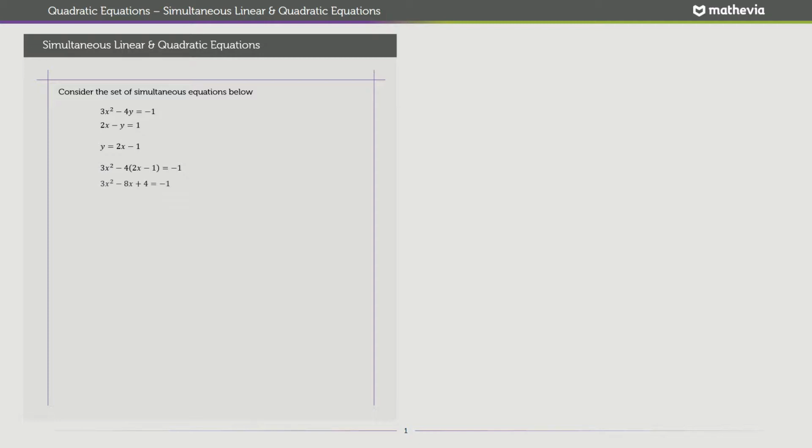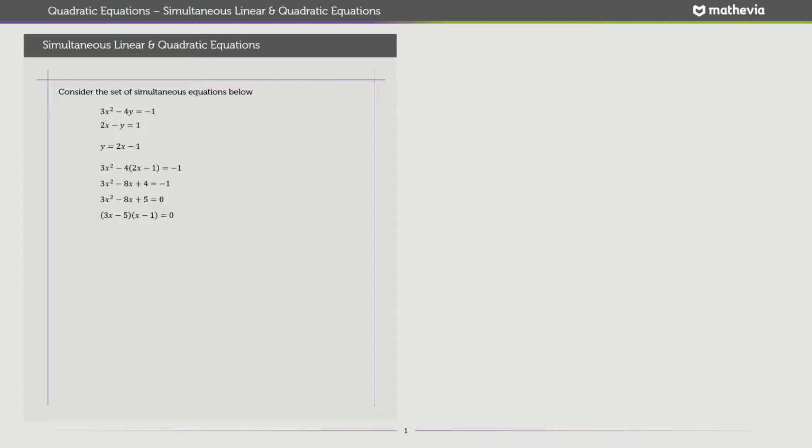From this point on, you just expand and simplify, and you should end up with a straightforward, standard quadratic equation with just one variable, x. In this case, you have 3x squared minus 8x plus 5 equals 0. Now you can go ahead and solve by method of factorization.